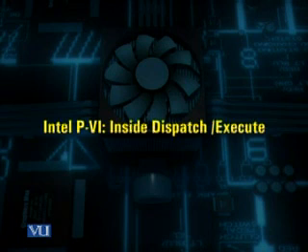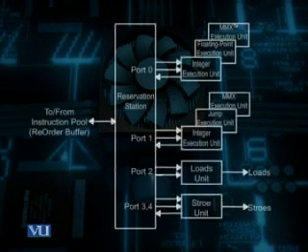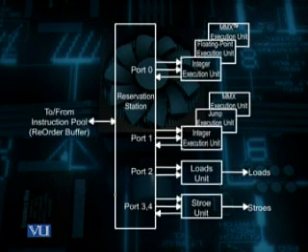Now let us have a look at the dispatch and execute section for the Pentium 6. The dispatch unit here selects the micro operations from the instruction pool depending upon their status.